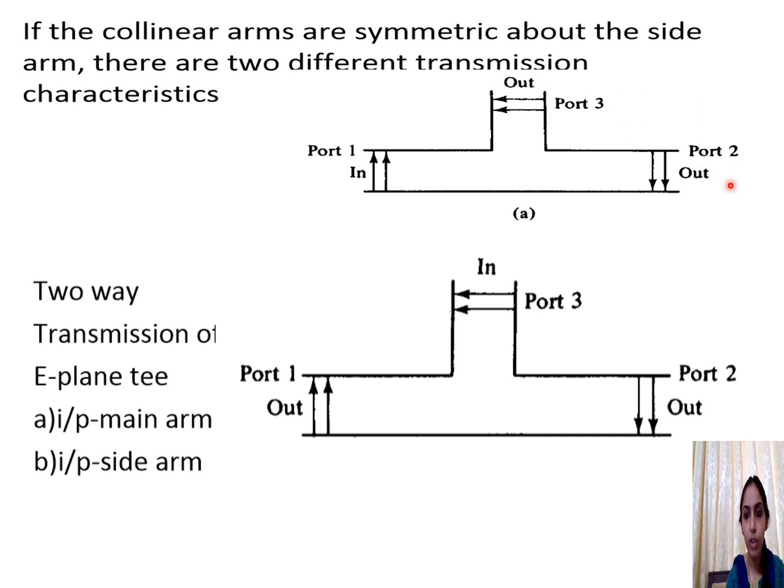So when we want to split a particular signal, we can use an E-plane T. That is what we understand from the transmission characteristics of an E-plane T. The outputs will be equal in magnitude, but out of phase.